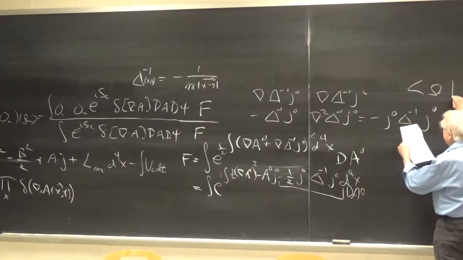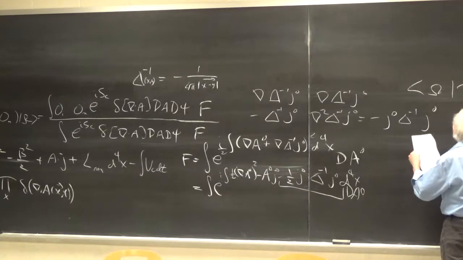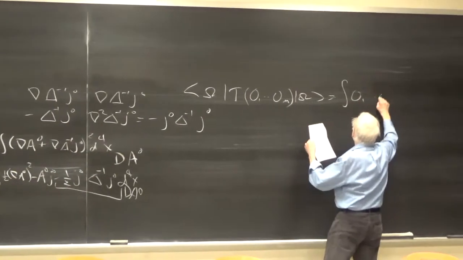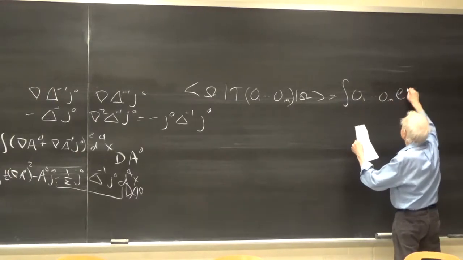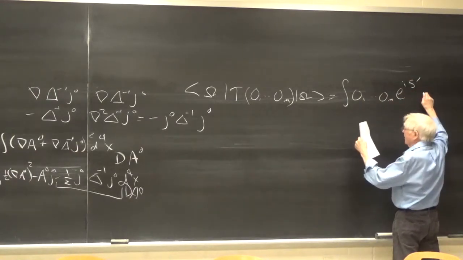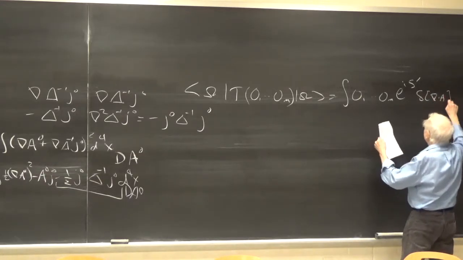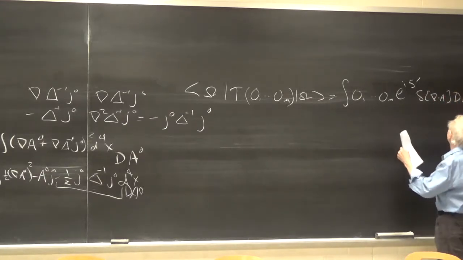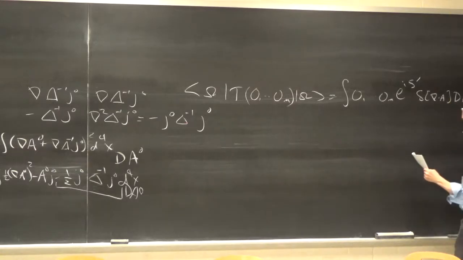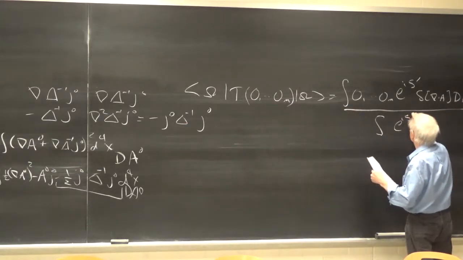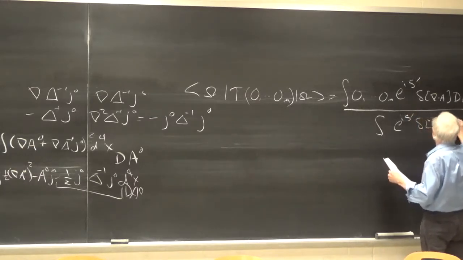So what we get is the amplitude, omega t, O1 through ON, omega. This is now an integral of O1 through ON, e to the i S prime, delta of the gauge condition, dA d psi, over basically the same thing.